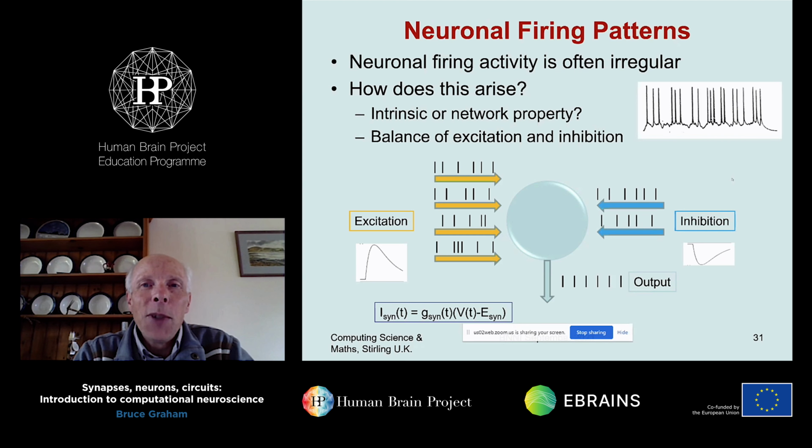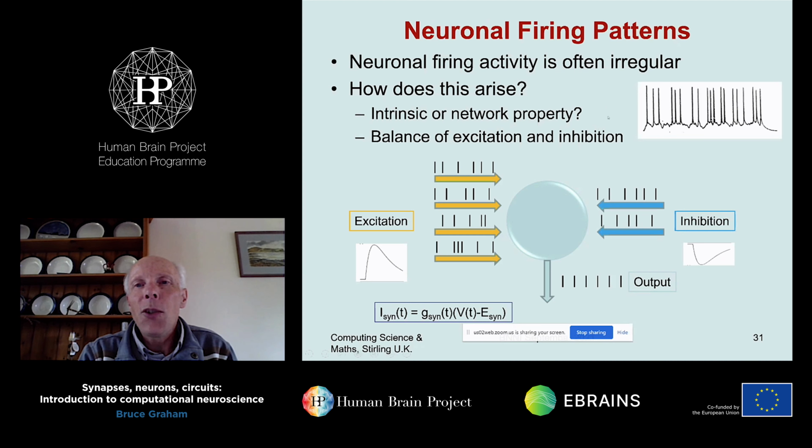And the issue is this, that actually recordings of spiking from many neurons, such as the little spike train shown here, indicate that actually spike firing is often very irregular. Now, this could be due to simply the intrinsic properties of the neuron itself, or it could be a property of the inputs it's receiving.